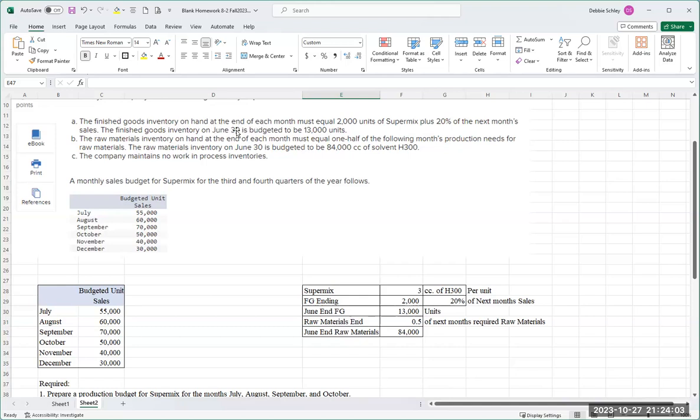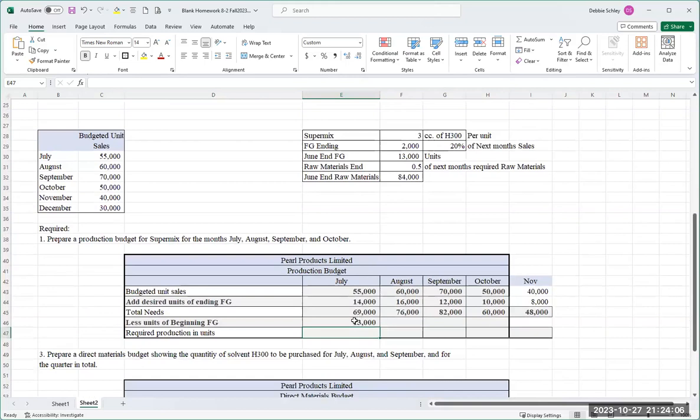The ending inventory of June becomes the beginning inventory for July. Okay, so if that's true for July, then that is also true for August. It equals July's ending, and then September equals August ending, and then October equals September's ending. And just for fun, November equals October's ending.